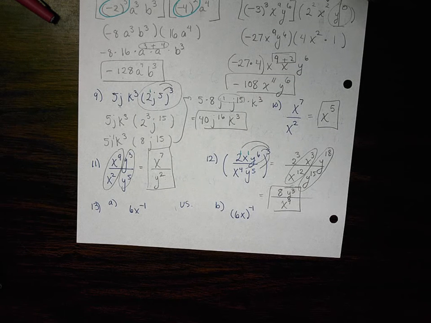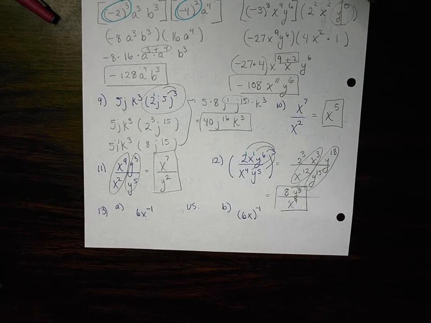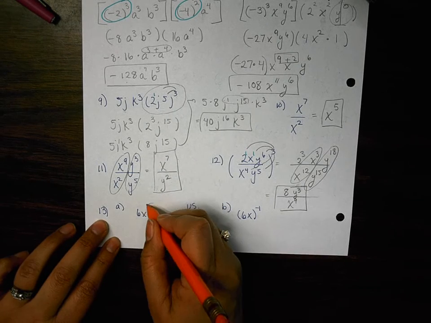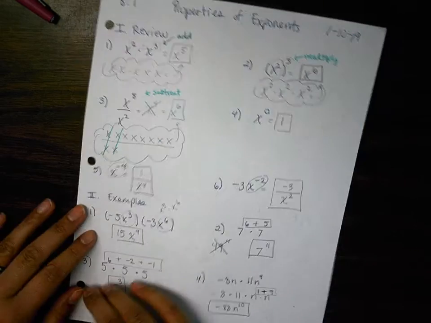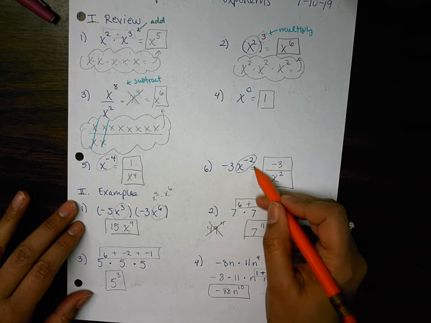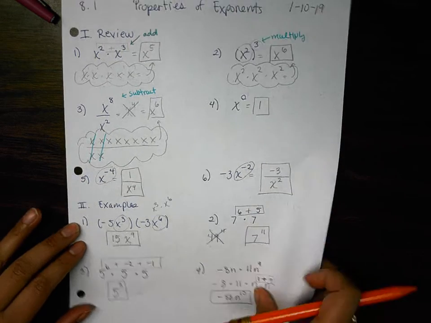All right. I addressed this earlier on the part 1 section. Let's talk about this one. Is that negative 1 being applied to the 6 and the x or just the x? Just the x. I talked about it right here. You guys remember when I talked about it here? Okay, so if it's applied to just the x, where is this 6 going to go?